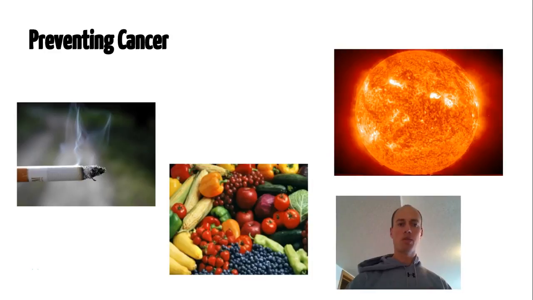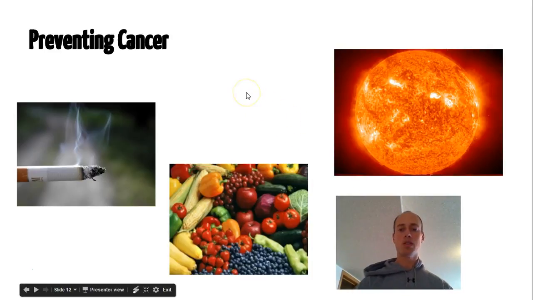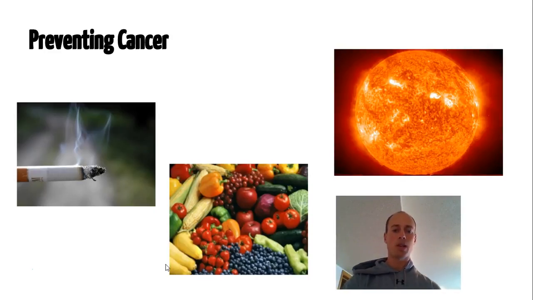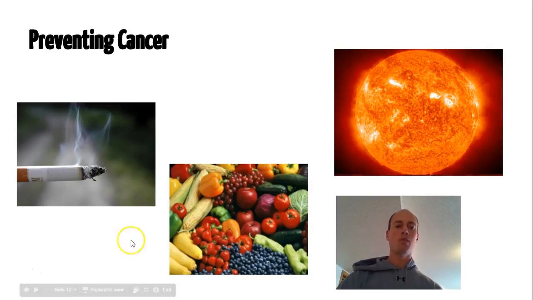There's a number of things that we can try to do to limit carcinogens, or those things that cause cancer, and can help us prevent it. A healthy diet of food with antioxidants and those type of healthy foods can really help prevent cancer.